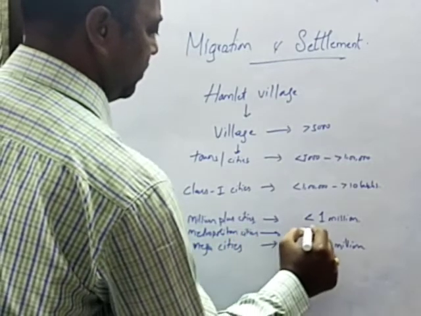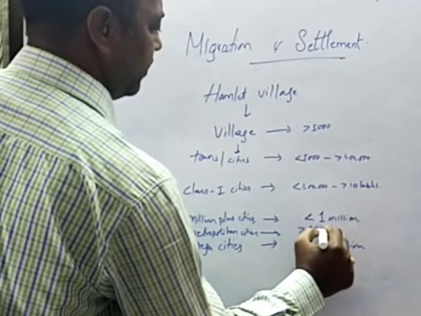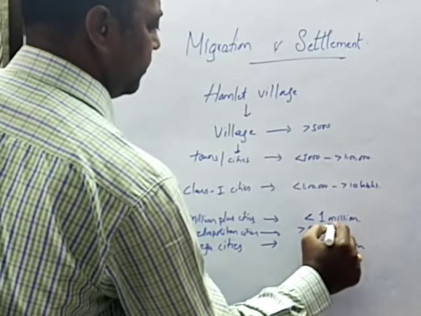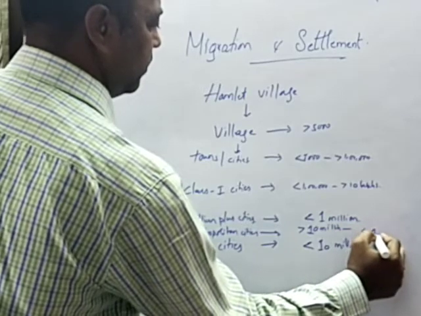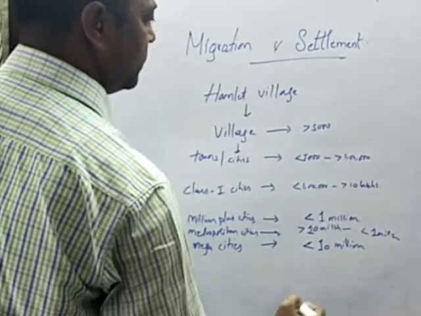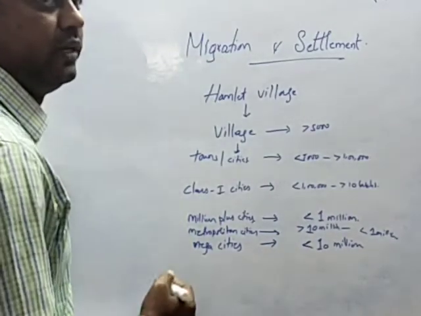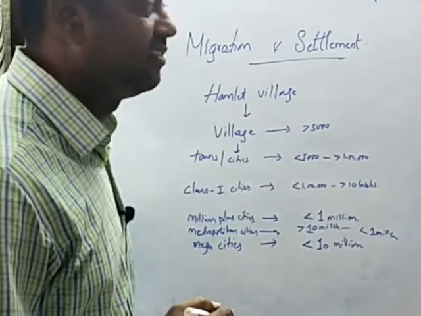Here the population will be less than 10 million and more than 1 million. So this is how we have classified them differently. And another kind of settlement we have also seen.